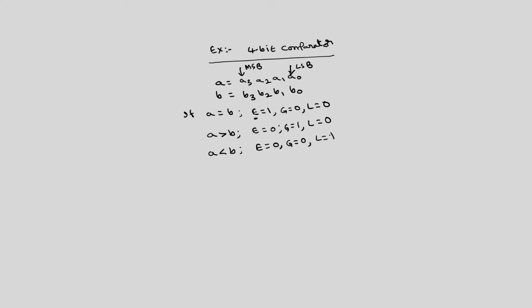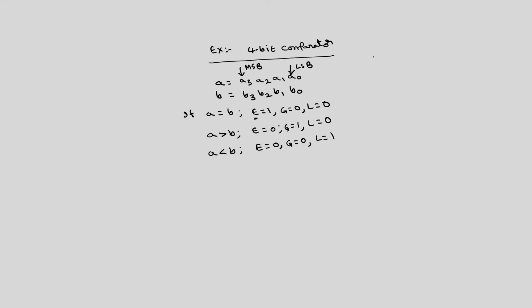So, we have two 4-bit input numbers and 3 outcomes: one is equality, another is greater and the next one is lesser. Here also we can use the always statement and case statements.